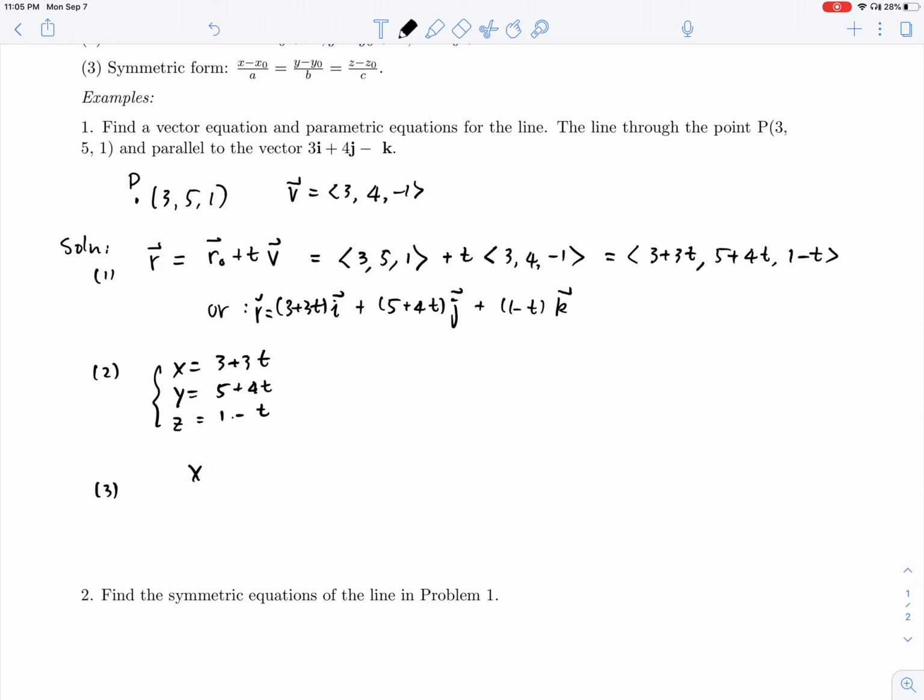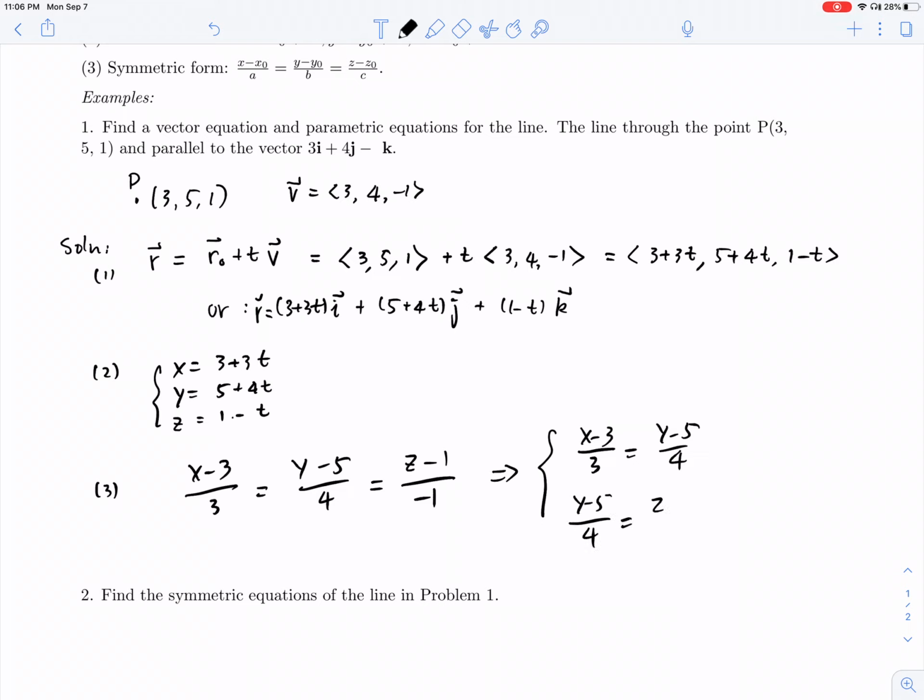So it's (x - 3)/3 = (y - 5)/4 = (z - 1)/(-1). That is, (x - 3)/3 is equal to (y - 5)/4, and (y - 5)/4 is equal to (z - 1)/(-1). So these are the different forms of a line's equations.